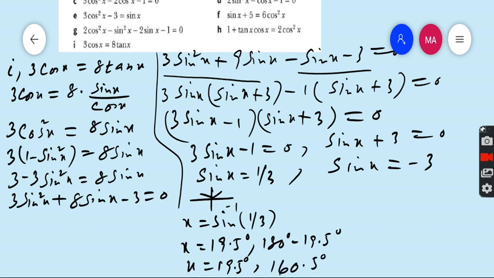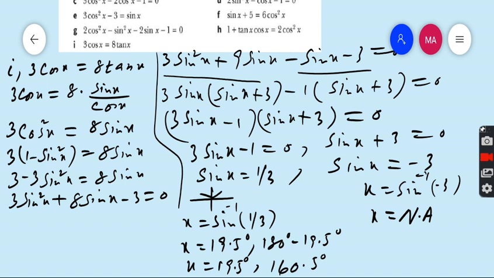So two answers. And for sin x equal to minus 3, x is equal to sin inverse of minus 3. If you find this value, your calculator gives you a math error. So this is not admissible. Why?